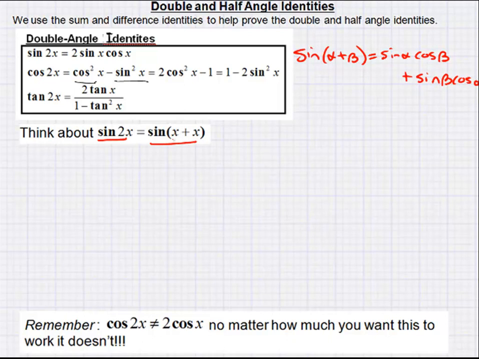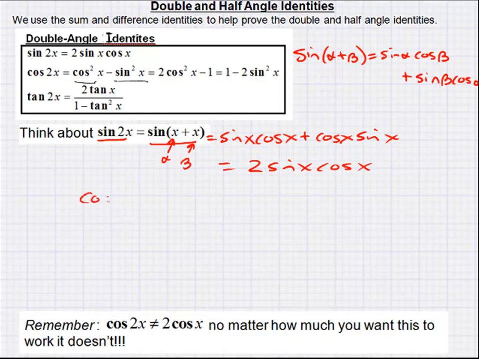And if this is a sum, think about this one as my alpha and this one as my beta. So I'm going to get the sine of x times the cosine of x plus the cosine of x times the sine of x. But these are the same thing. There's two of them, so we get 2 sine x cosine x.